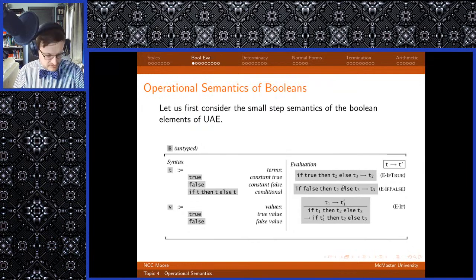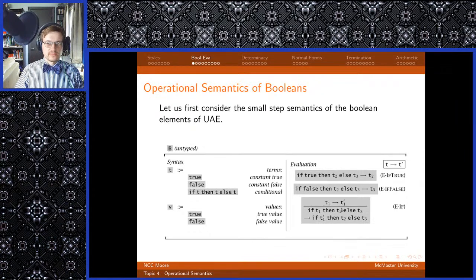So we have 3 rules. Number 1, if true then T2 else T3 evaluates to T2. If false then T2 else T3 evaluates to T3. These rules shall be referred to as E-IfTrue and E-IfFalse. E stands for evaluation. Our third rule is a little bit interesting.